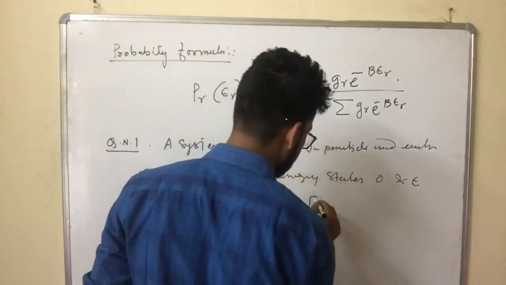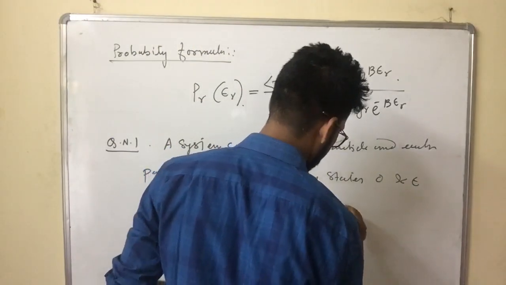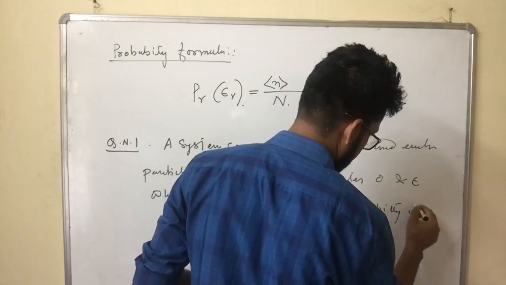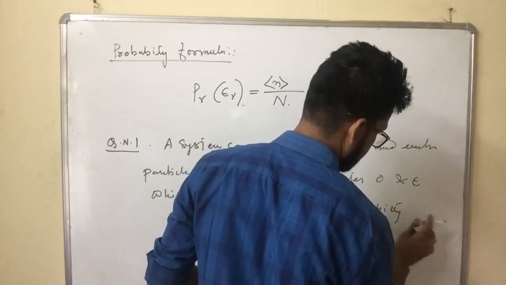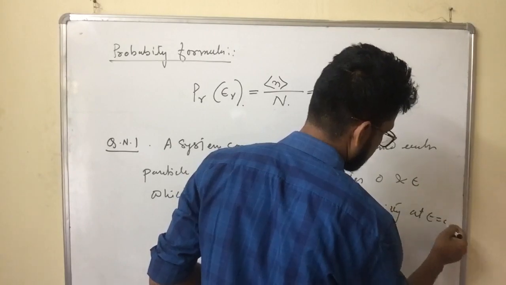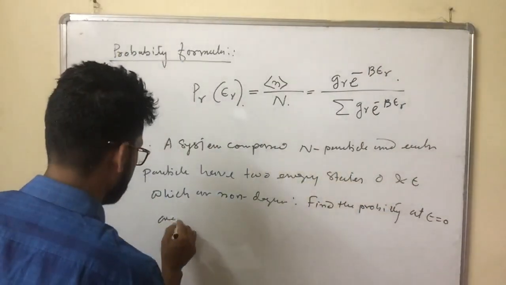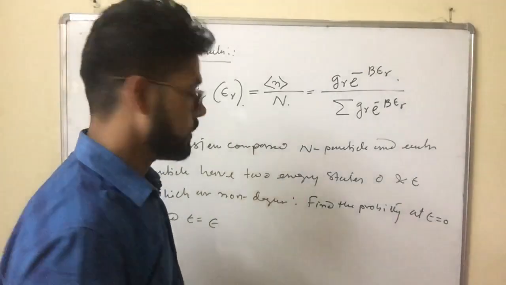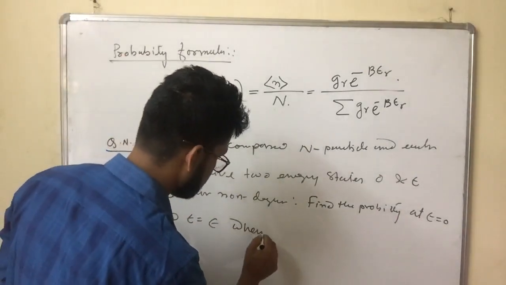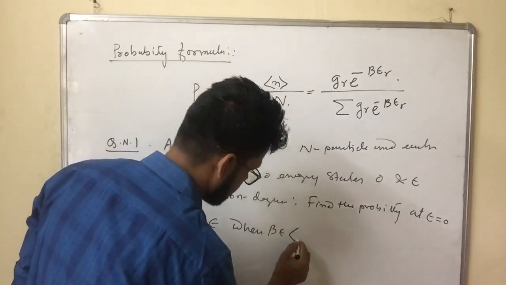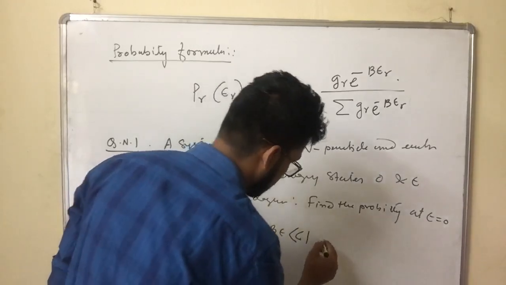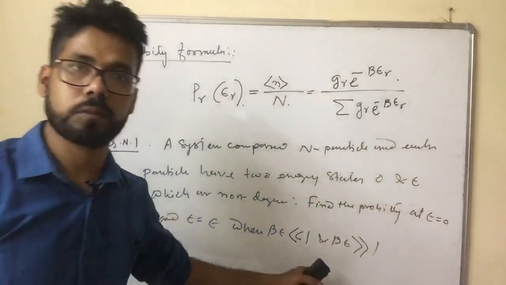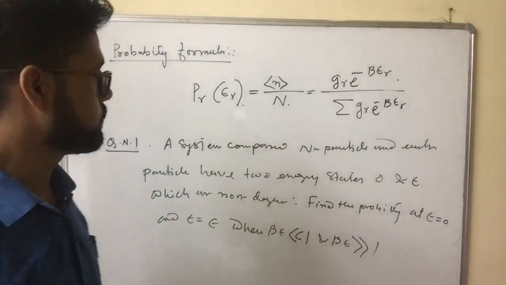Find the probability at E equal to 0 and E equal to E state, when beta E is very much less than 1 or beta E is very much greater than 1. This is the question that comes in the NET exam.